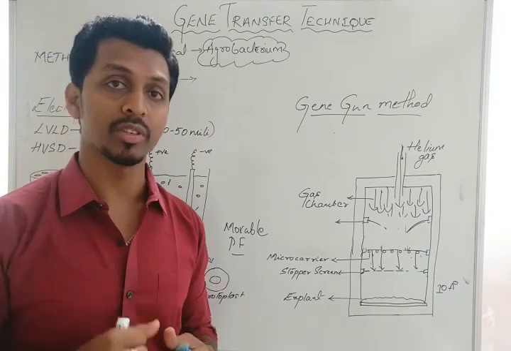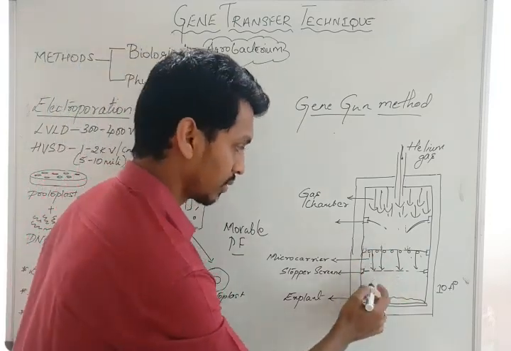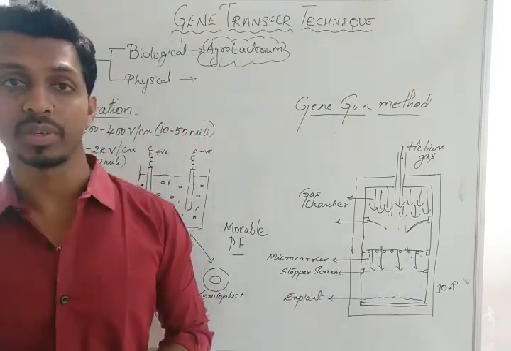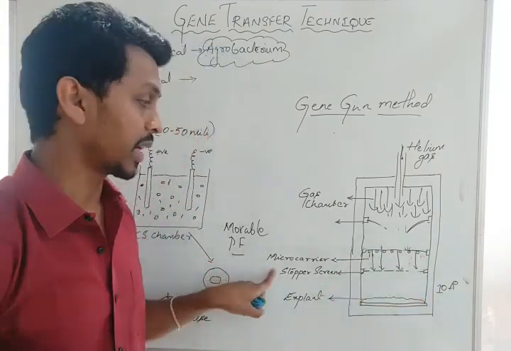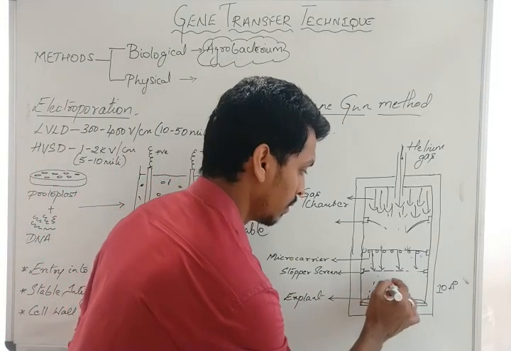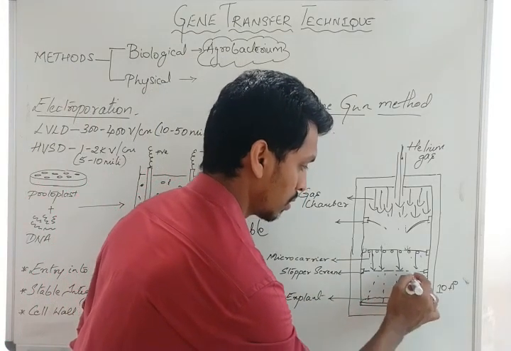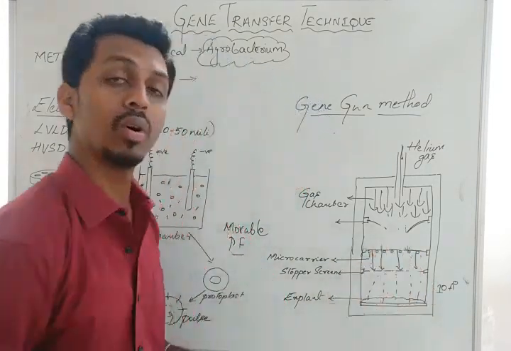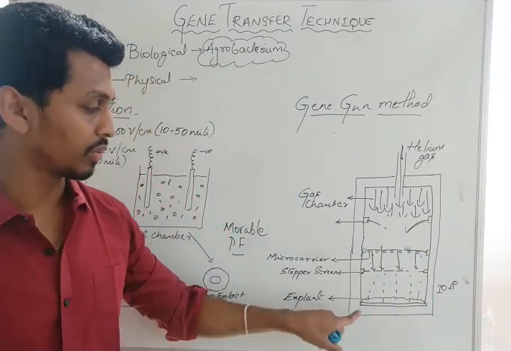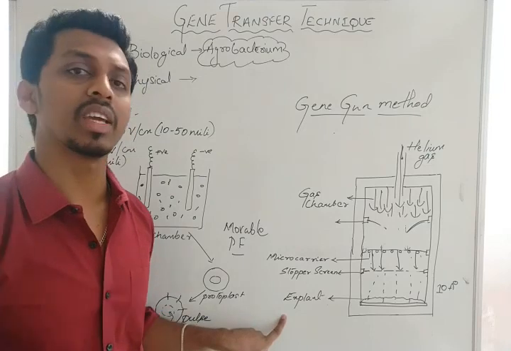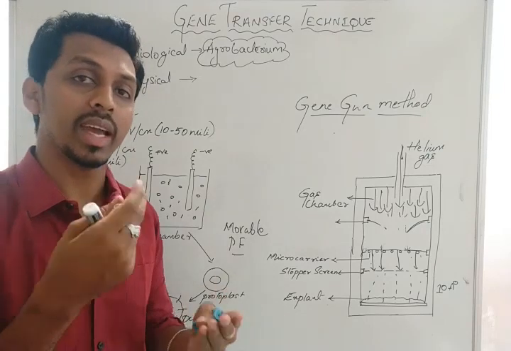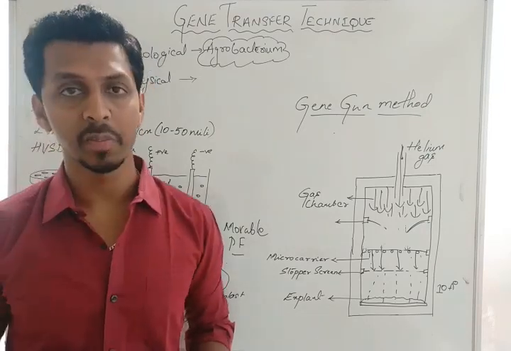But the actual process begins now. As the macrocarrier comes down and meets the stopper screen, the microcarrier carrying the DNA falls onto the material. The material we keep here is an explant, basically plant cells or a callus, which accepts the foreign DNA.